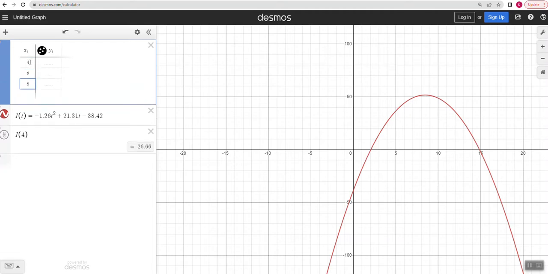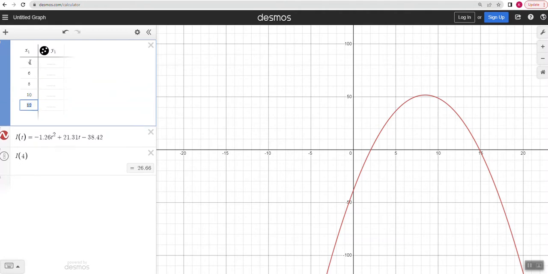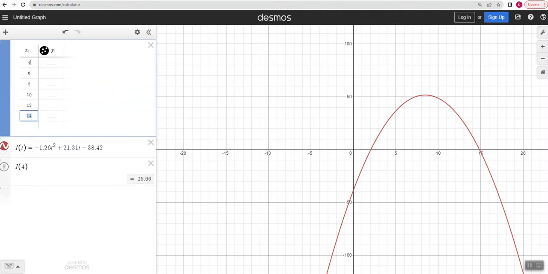Again, once you've established the pattern, you could just hit enter and it'll continue. And then the number of iPods sold in each of those years. All right, there we go.